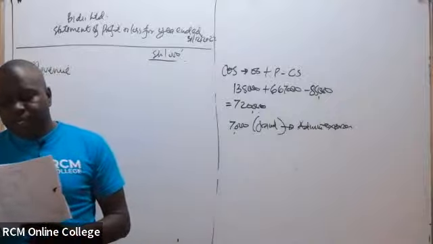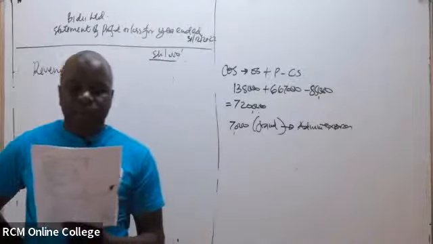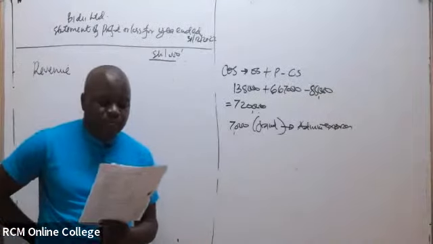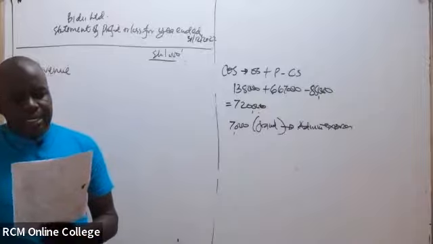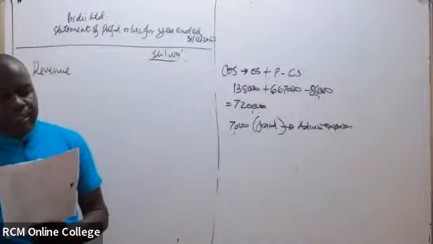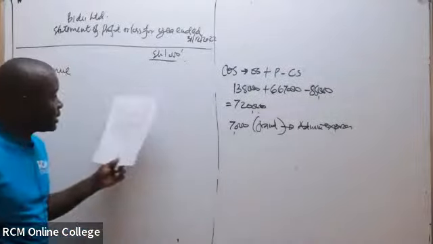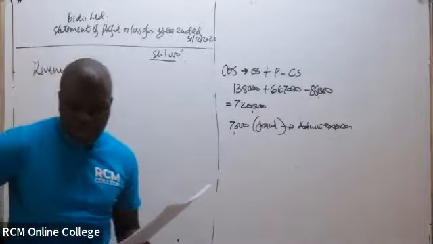No other accounting entry was made. The plant had a cost of 39,700,000 and an accumulated depreciation of 15,860,000. So this is not actually part of the revenue or the sales. So we have to eliminate it.